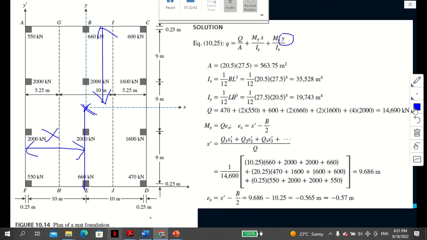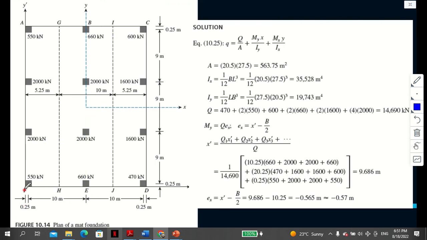Now this, sorry, this is that distance, but it depends on, for example, if you are talking about here, the location depends on the location of the column. So here the x is from, so if this is the centroid, that's the centroid.